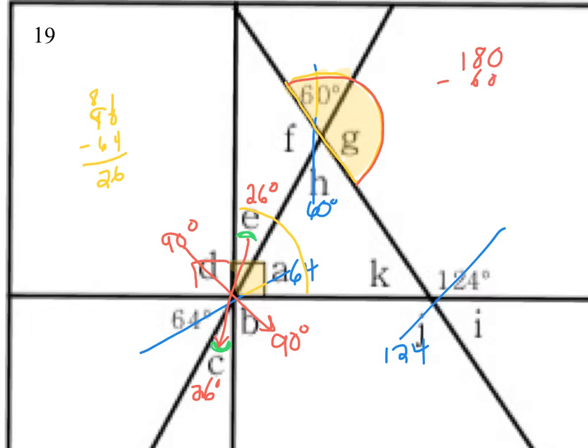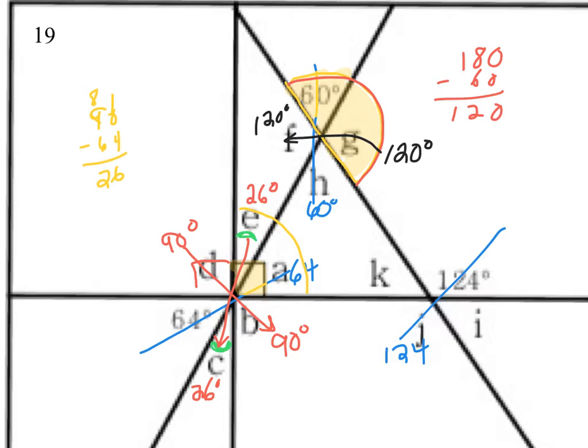So 180 minus 60 is going to be 120. So if G is 120, directly across from it, F is going to be 120.